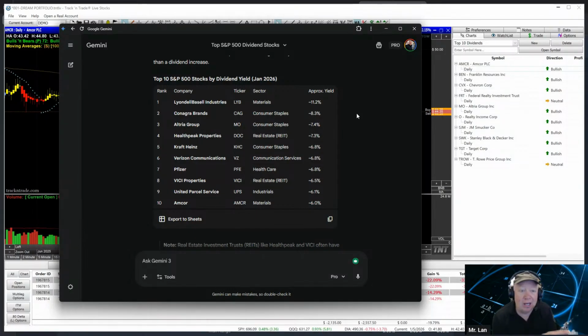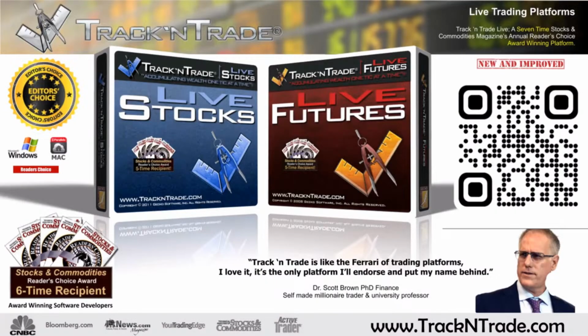So if you haven't got a trading platform, or if you would like to switch to the trading platform I use, then this is the one. You can go get it and have it ready when we get together and trade together. Okay, this is the software I use. It's called Track and Trade. They've got two versions, one for stocks, one for futures.